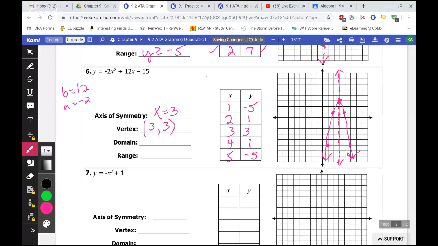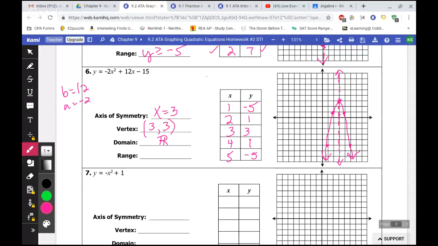What is the domain? What's the answer for the domain? All real numbers.